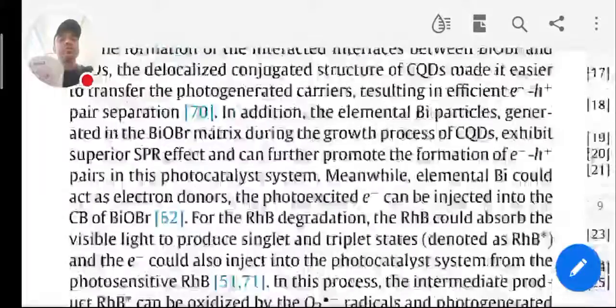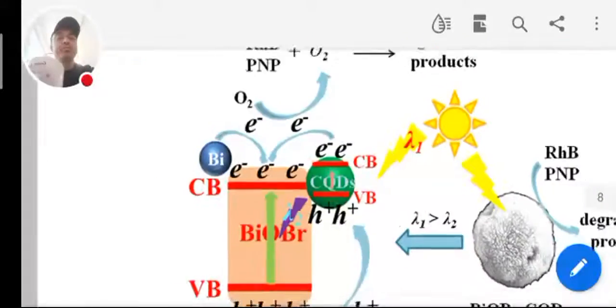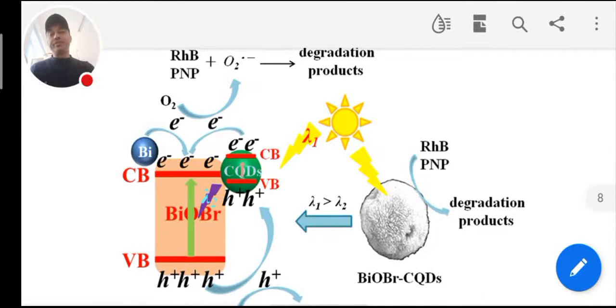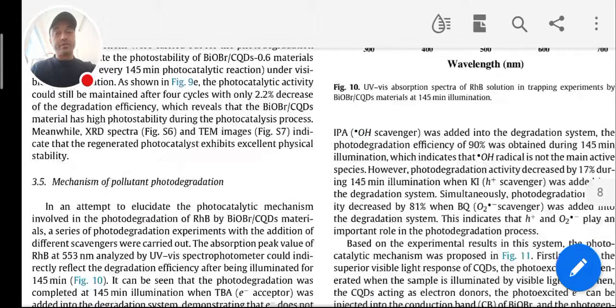So this was the whole summary and discussion of our today's talk and today's review paper. Today we reviewed a paper which focused on developing a carbon quantum dot material hybridized with BiOBr, a BiOX material. This research paper opened a new way to develop hybrid materials for higher photocatalytic performance.